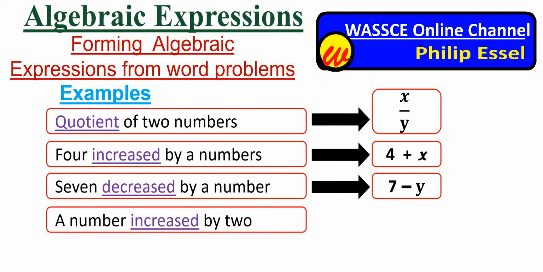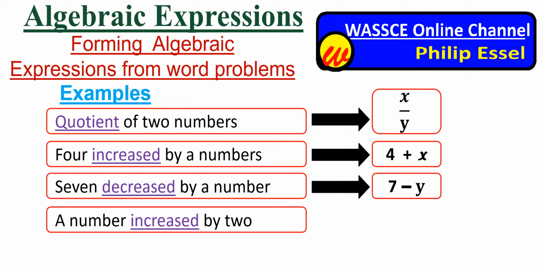The next word description given to us states that a number increased by 2. From this statement, we are being told that there is first a number and that number was increased by 2. That number we do not know, so let's represent it by the variable y.